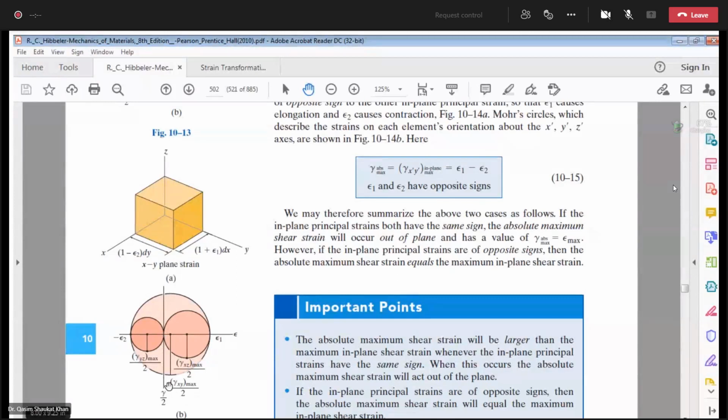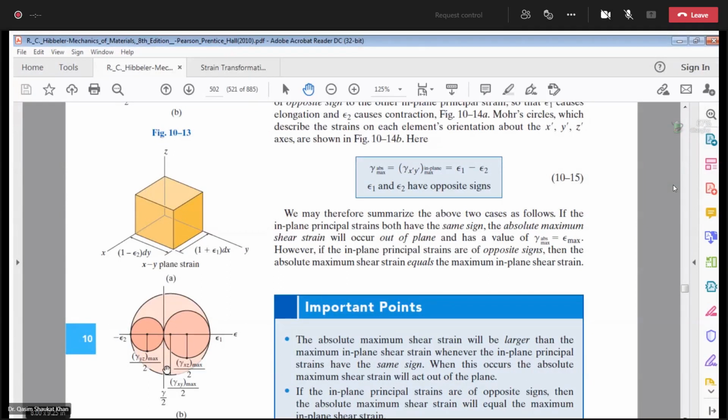Now, in the case where you have one principal strain positive and the other principal strain negative, the absolute maximum shear strain is the larger of the three. So this is this one, gamma xy over 2.